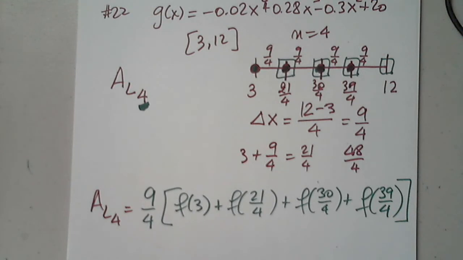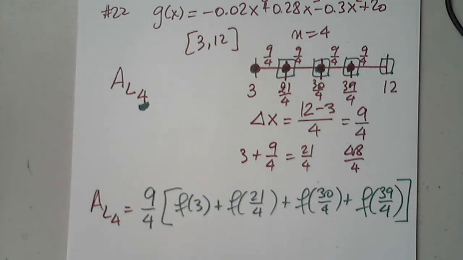Good, so the second, and okay, and I plug in 3. I plug in 9/4. No, not 9/4, 21/4, sorry. I plug in 30/4. And I plug in 39/4. Good.